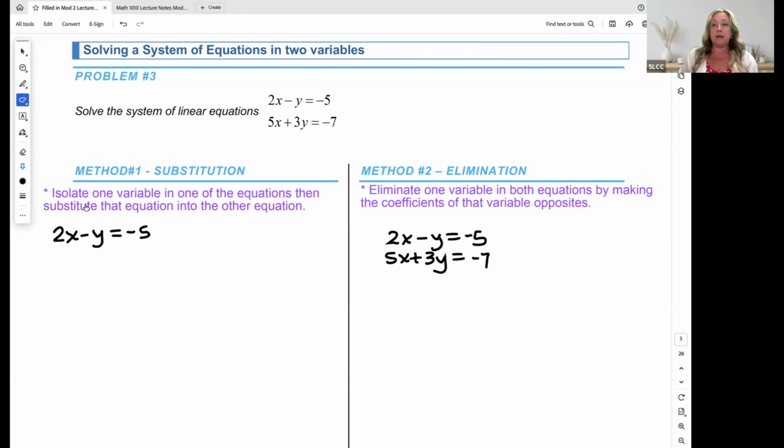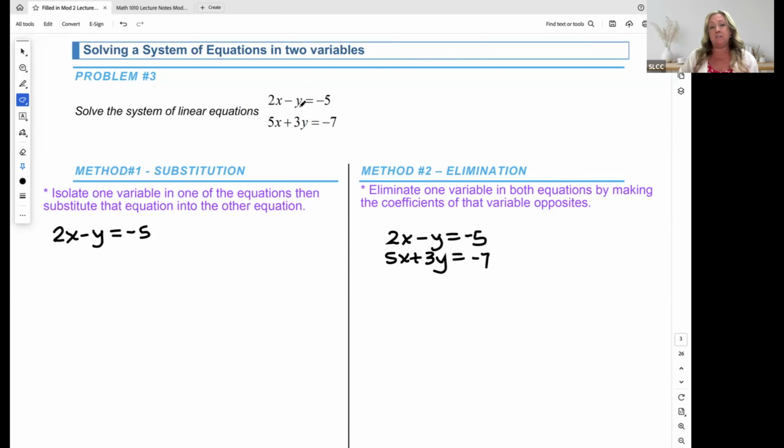The substitution method is where you isolate one variable in one of the equations and then substitute that equation into the other equation. What I like to do is look at the equations and figure out which equation it might be easier to get one of those variables by itself.